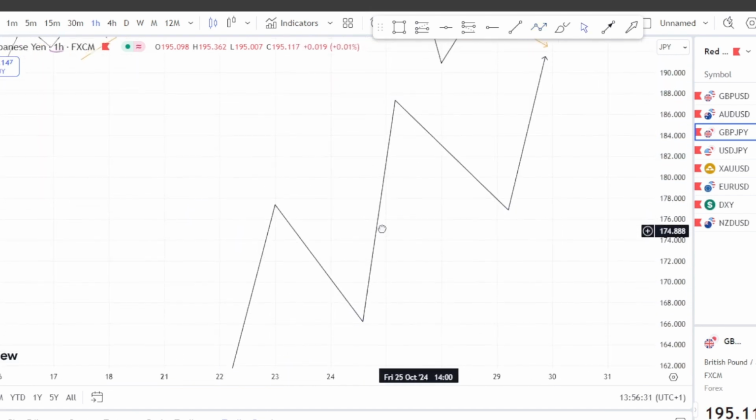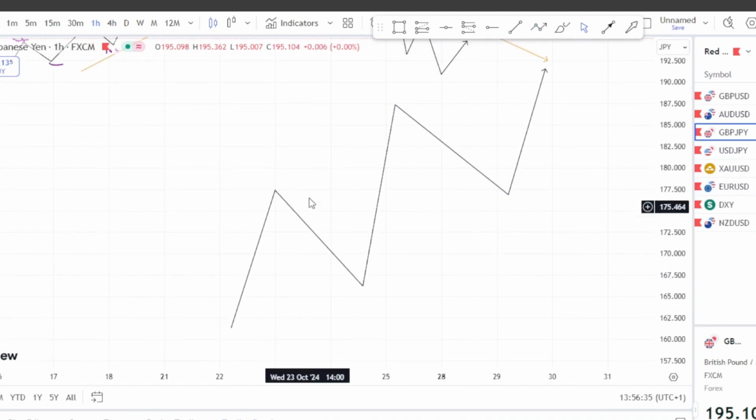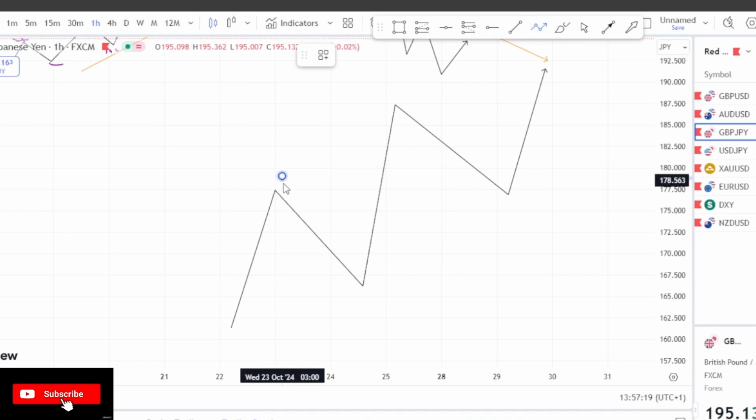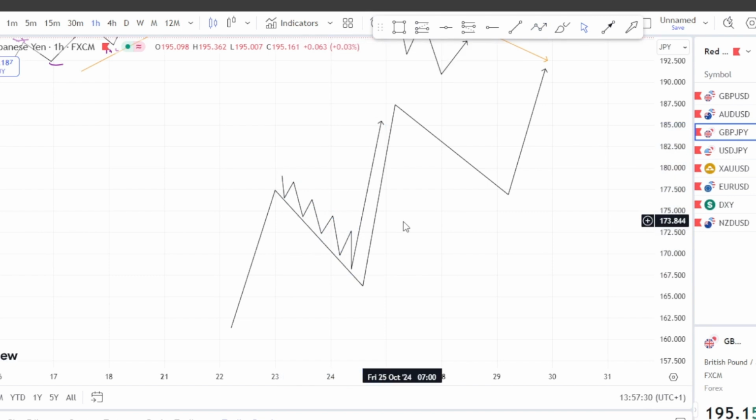What you need to know is that when a market moves up, towards the retracement, it's not just going to come down very straight like this. In a smaller time frame, you have something like this.